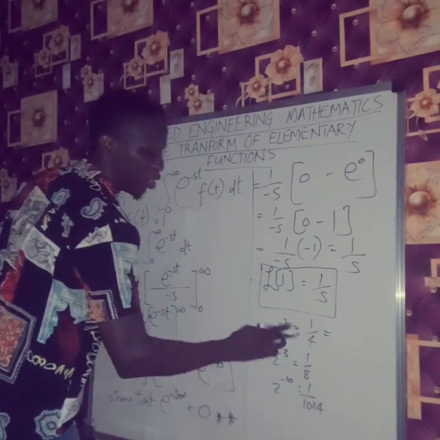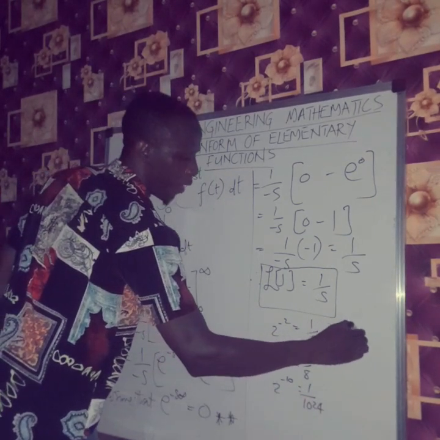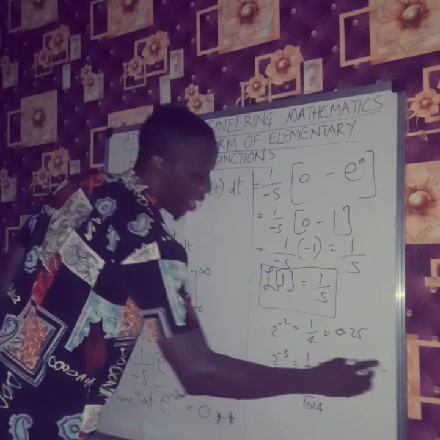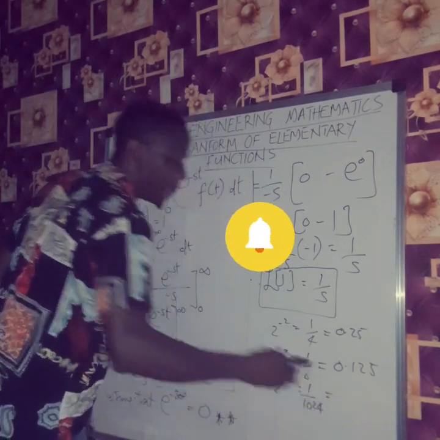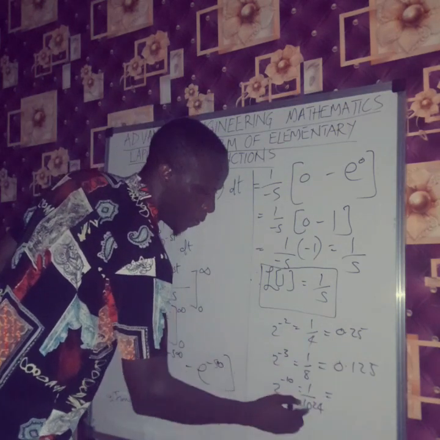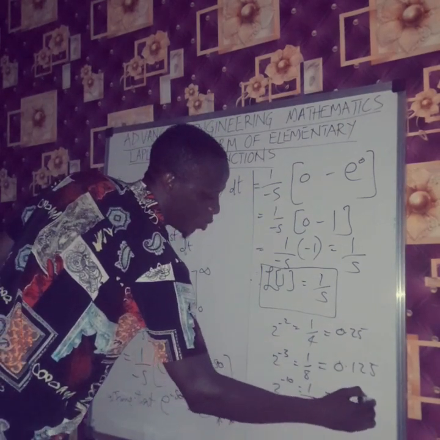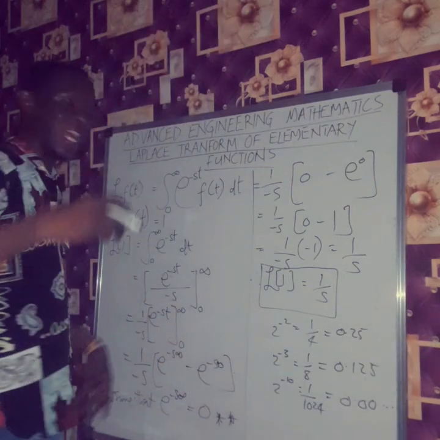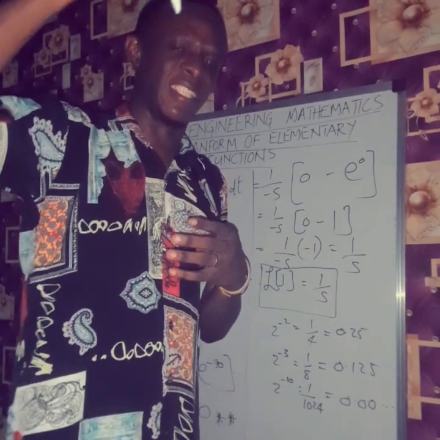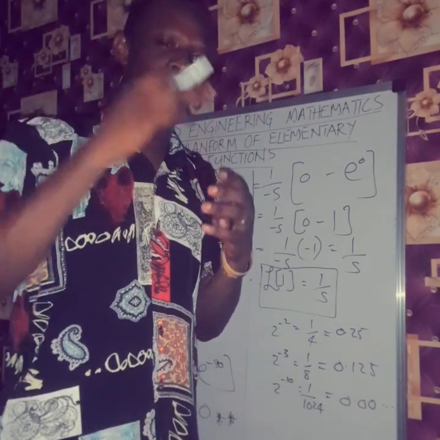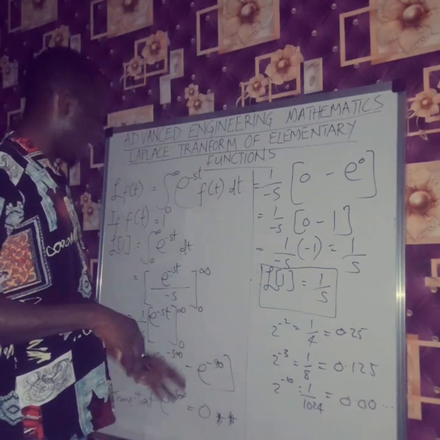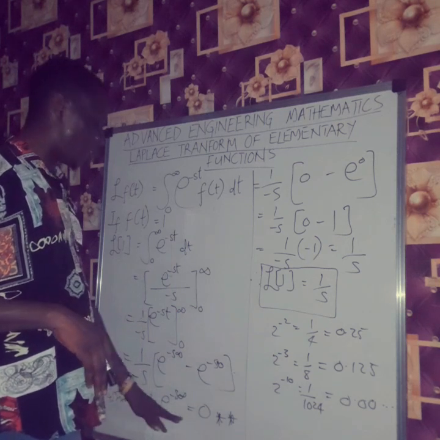Now you see that this value is 0.25, this value is 0.125. As we tend towards higher numbers, towards infinity, it approaches 0. You can see this is getting closer to 0. This one now will give me 0.00. You can understand numbers like that. So as the number tends to infinity in the negative, it is approximated to 0. That is why we say assume that this is equal to 0.